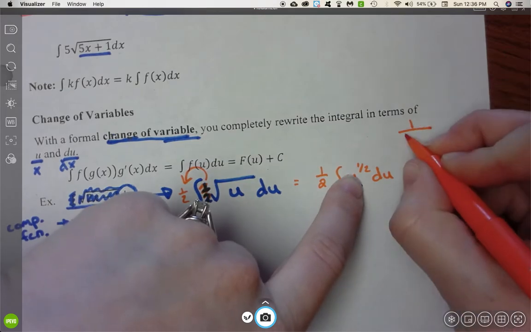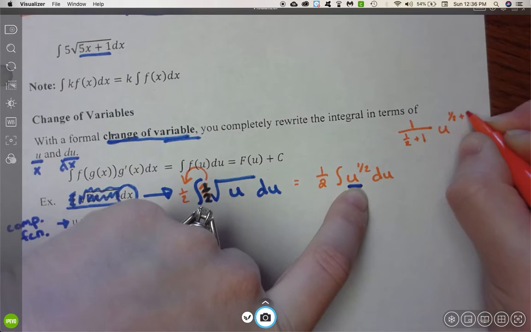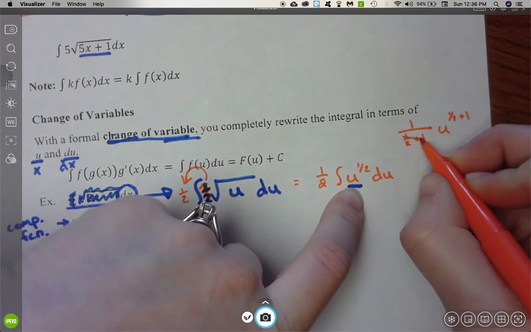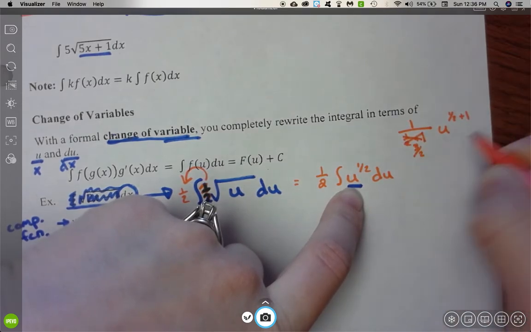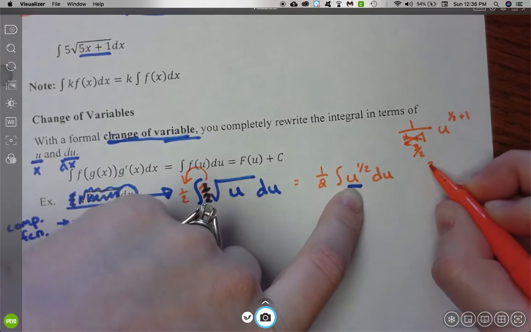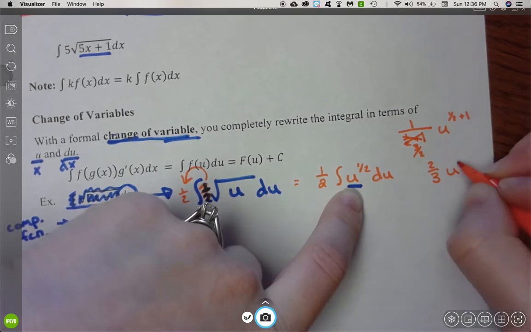So 1/2 plus 1, u to the 1/2 plus 1. 1/2 plus 1 is 3/2, and if I flip that around, 1 divided by 3/2 is 2/3. And this is u to the 3/2 again.